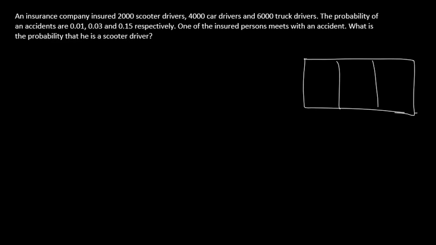So here I will say that E1 is the event that the driver is an insured scooter driver. E2 is an insured car driver.